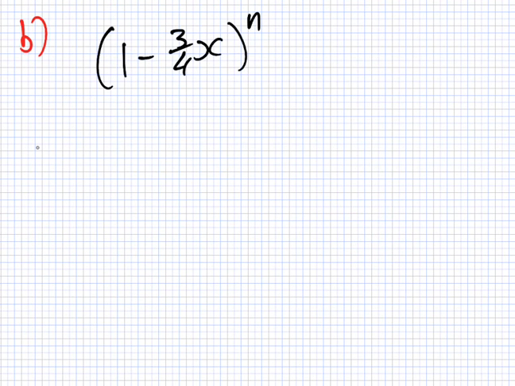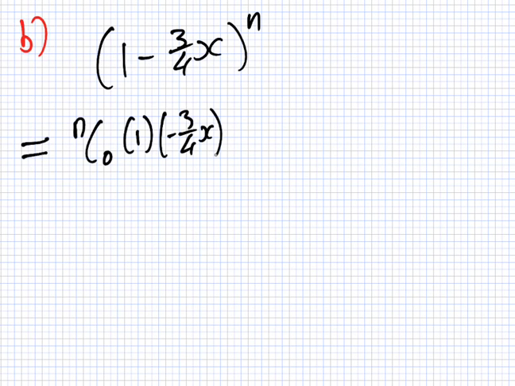Okay, so we actually saw something like this in the workbook as well. If I expand this, do you remember the rule? It would be nC0 times minus 3 over 4x, that's power 0 and that's power n.